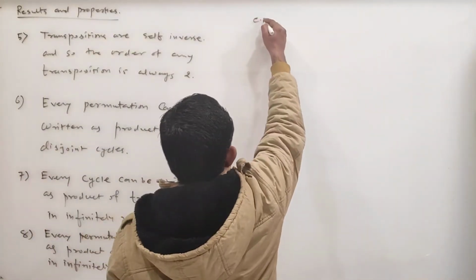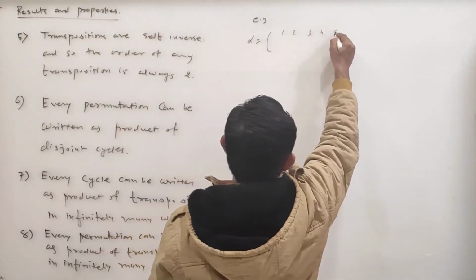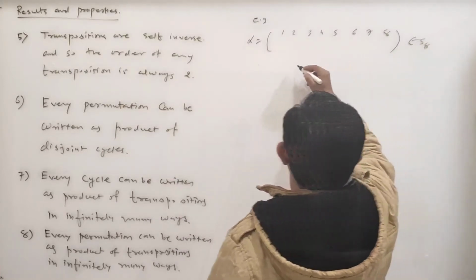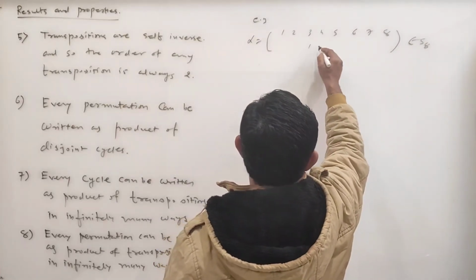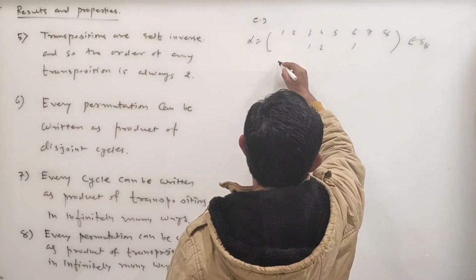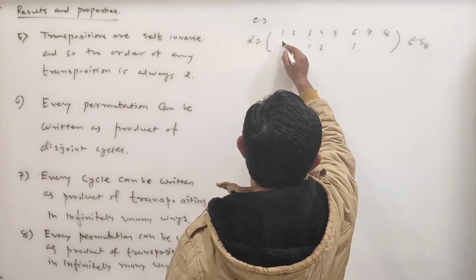See, for example, you consider say alpha is equal to (1 2 3 4 5 6 7 8 over 6 4 1 2 7 3 5 8), which belongs to S8.